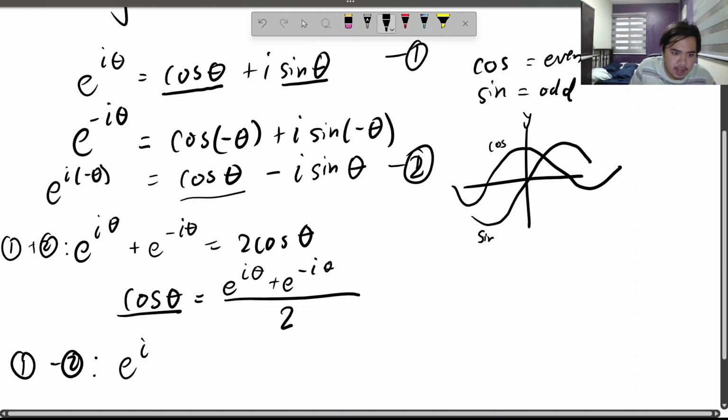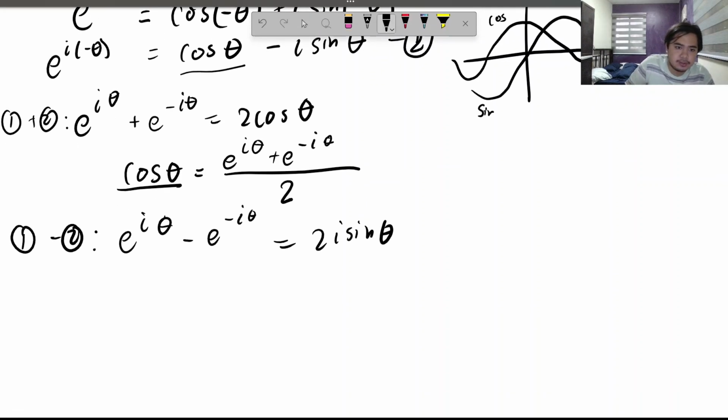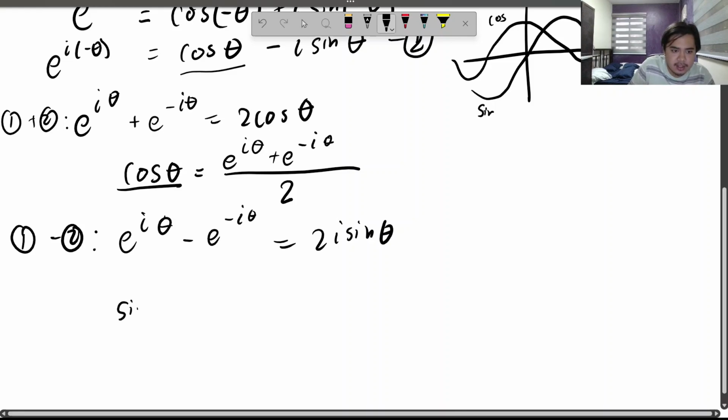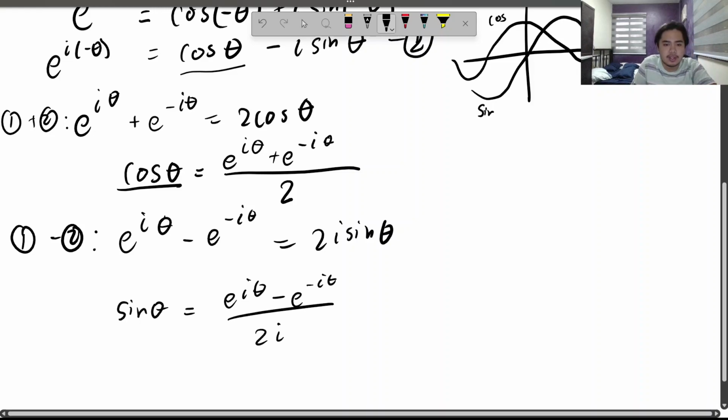This becomes e to the I theta minus e to the negative I theta, which equals cosine minus cosine is 0, and I sine theta minus negative I sine theta is 2I sine theta. Two negatives make a positive after all. So let's divide both sides by 2I. Sine theta then equals e to the I theta minus e to the negative I theta over 2I. And that's what we're going to be using today.